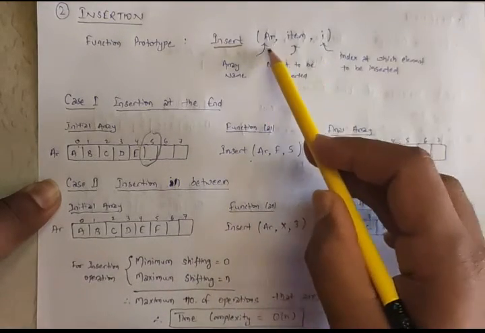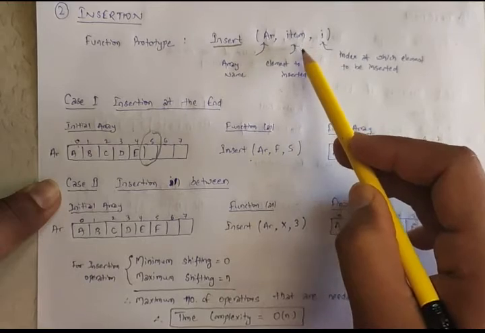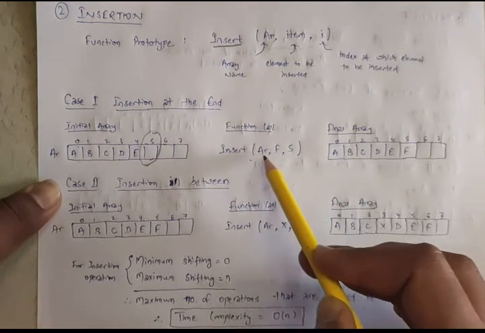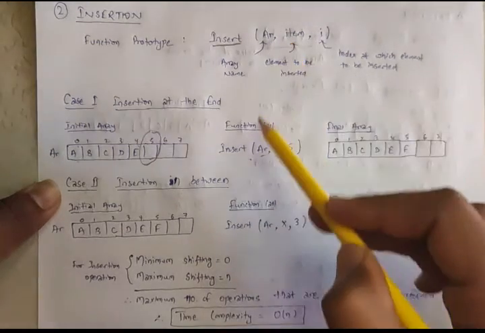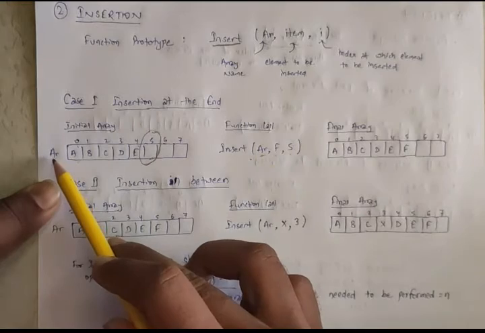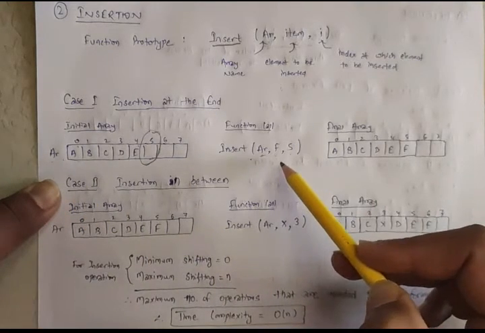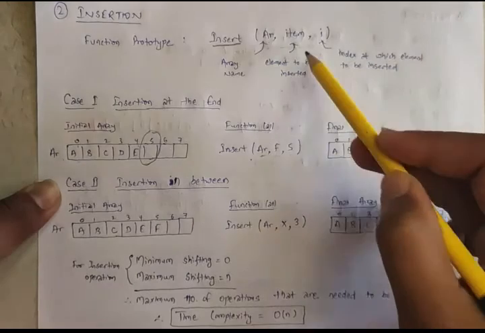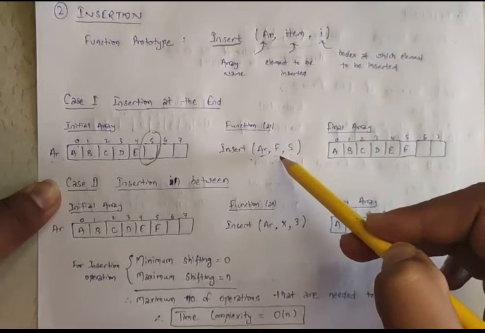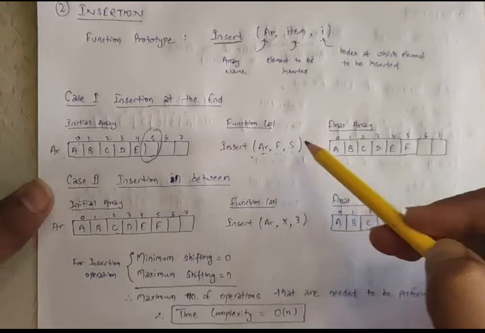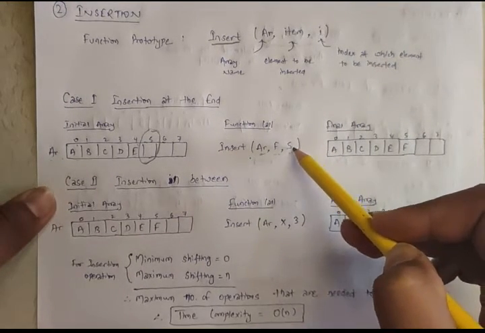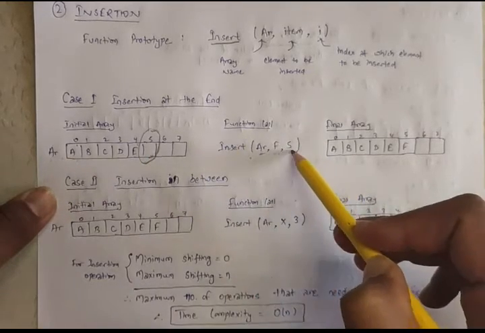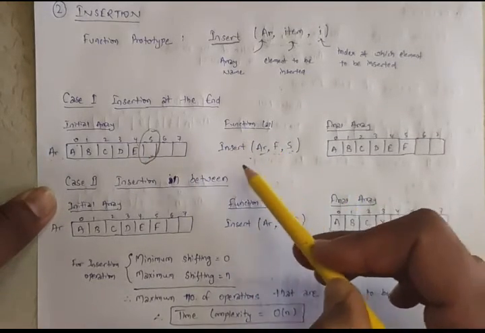So let's suppose we call the same function which we talked about with these values. This should be the array name, let's suppose AR. This is the item to be inserted, F, and this is the index at which the insertion is to be performed. Here, the 5th index, we are trying to perform the insertion.